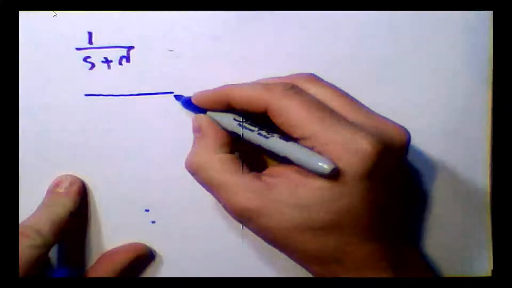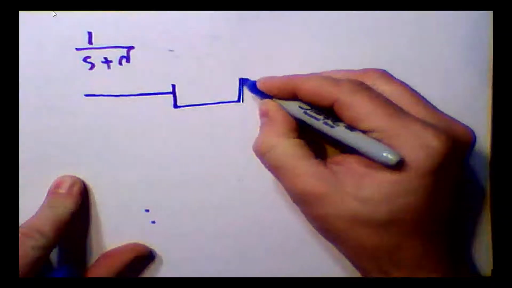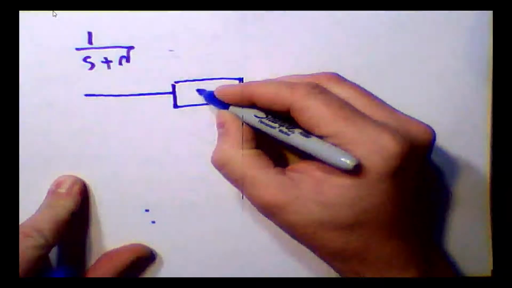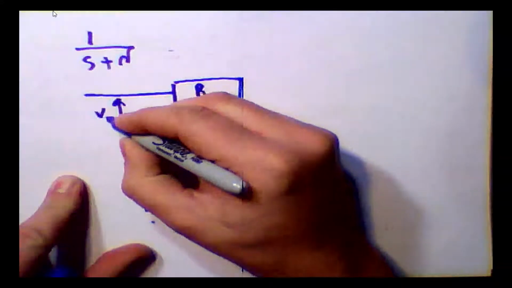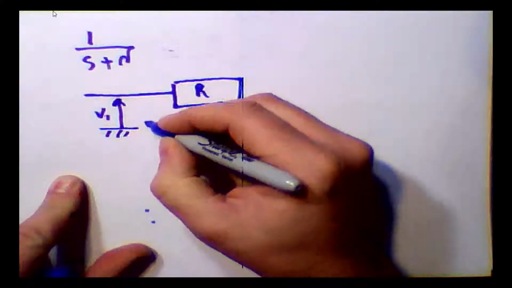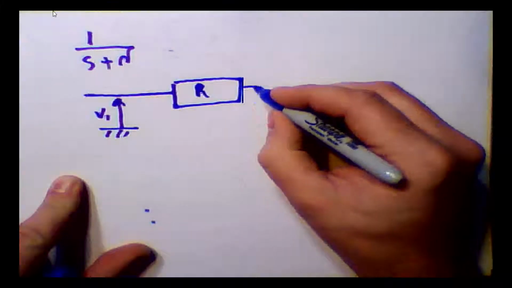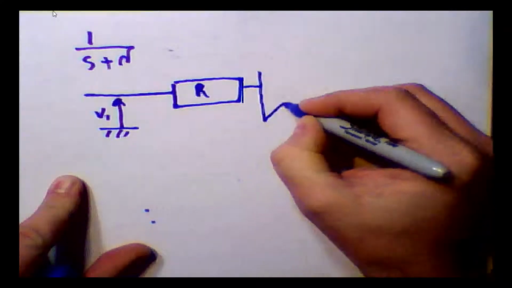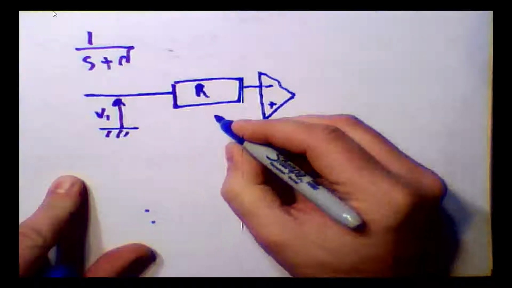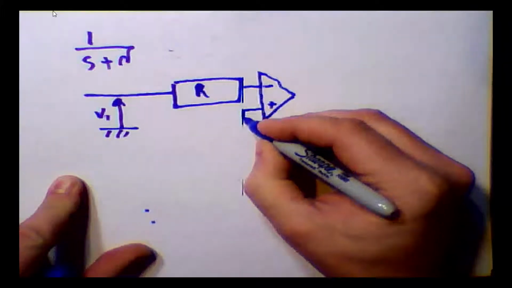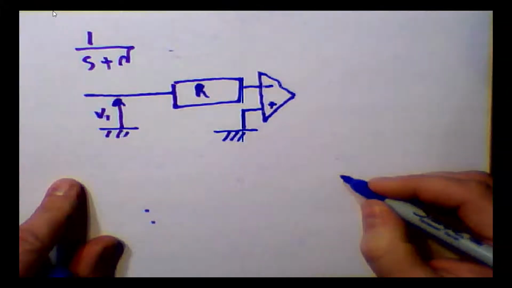With the same setup as before, we are going to use a resistor R here. We're going to again put a voltage V1, which is our input voltage, here. And we're going to link this thing again to an op amp of this kind, linking the other input branch of the op amp to the ground.